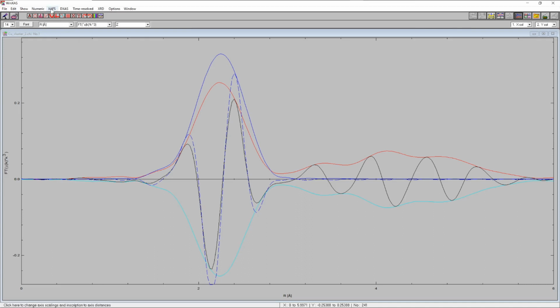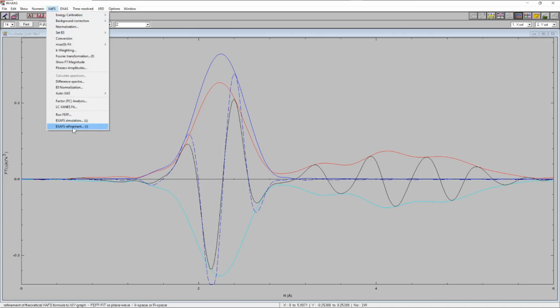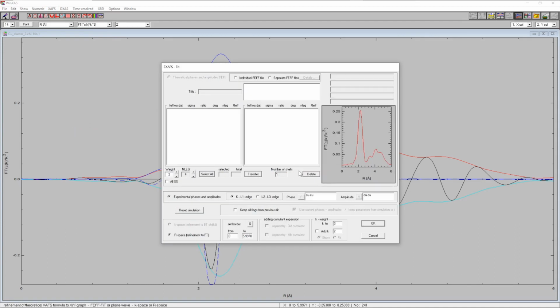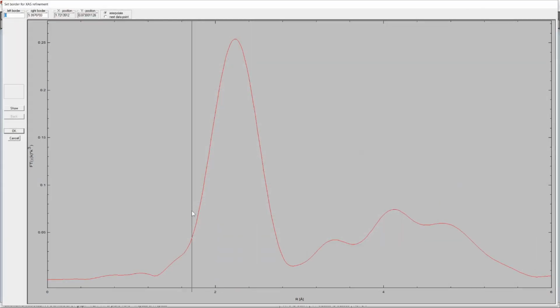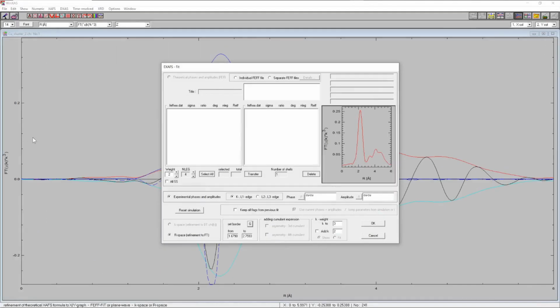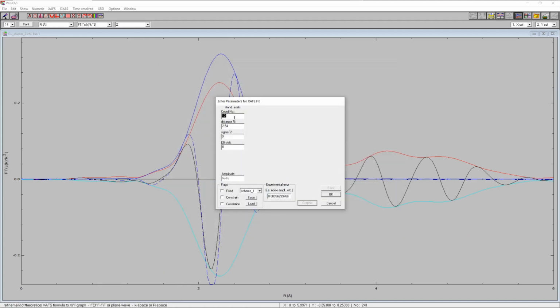And so next step, we can perform a refinement, and same procedure as before. We need to select a range in the radial distribution function that only includes the first shell, and we can start this refinement now. We use the starting parameters for the copper metal.